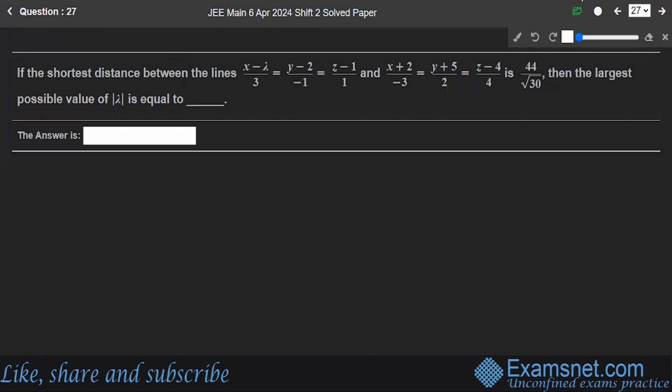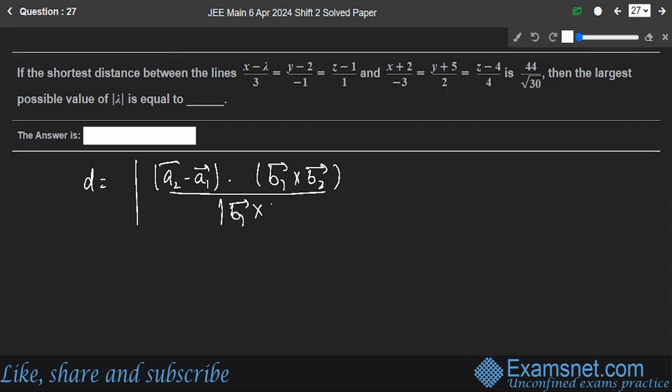Question number 27. If the shortest distance between these two lines is equal to 44 upon root of 30, then the largest possible value of mod of lambda is equal to. See, when you're given the two lines, the shortest distance between them is given by mod of A2 minus A1, dot product with B1 cross B2, divided by the magnitude of B1 cross B2.